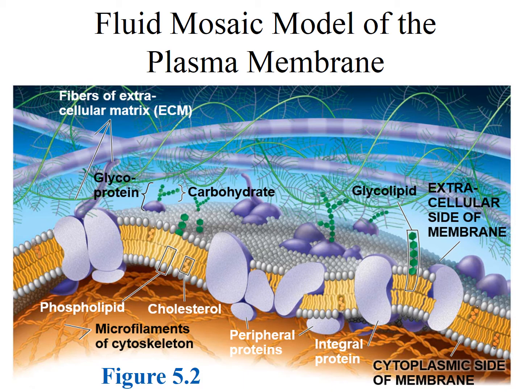So that's the fluid mosaic model of the plasma membrane. We'll actually do a drawing, and there will be a video of this drawing posted to Canvas that will be available to you that will give you a little bit more detail on the structure and function of the plasma membrane.